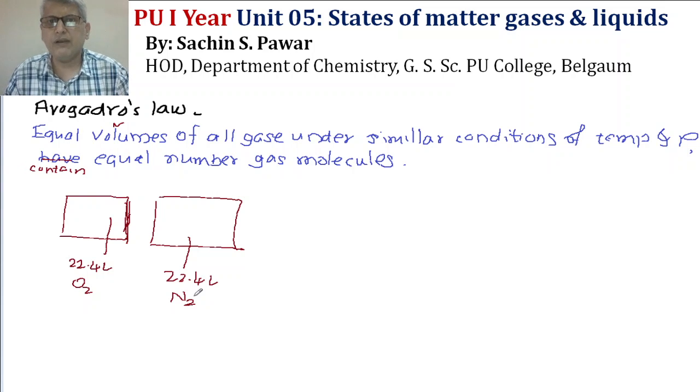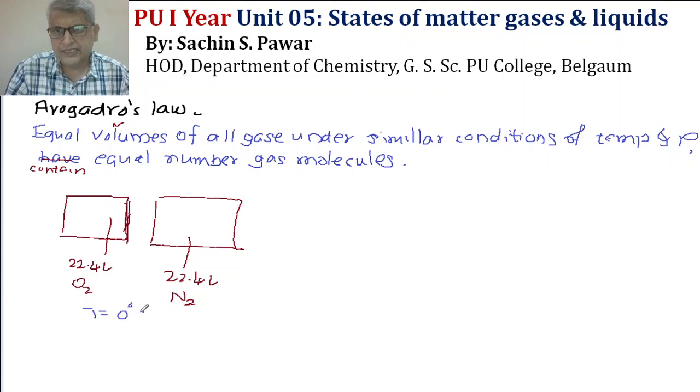We have to maintain the same temperature, say 0 degrees Celsius, that is 273.15 Kelvin, and a pressure of 1 atmosphere, that is 101,325 pascals.